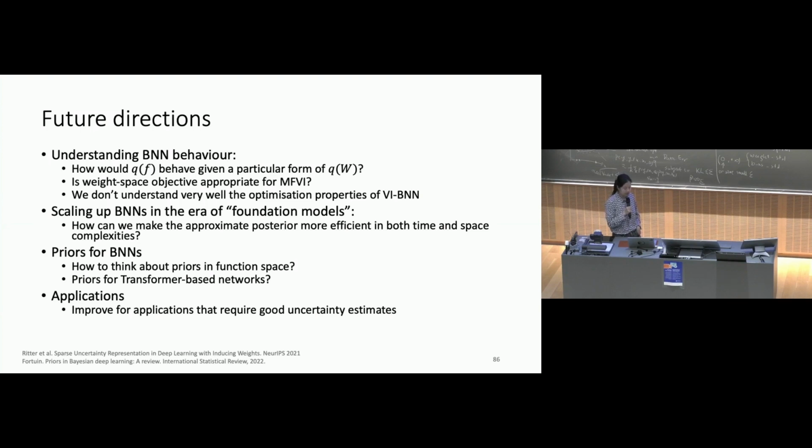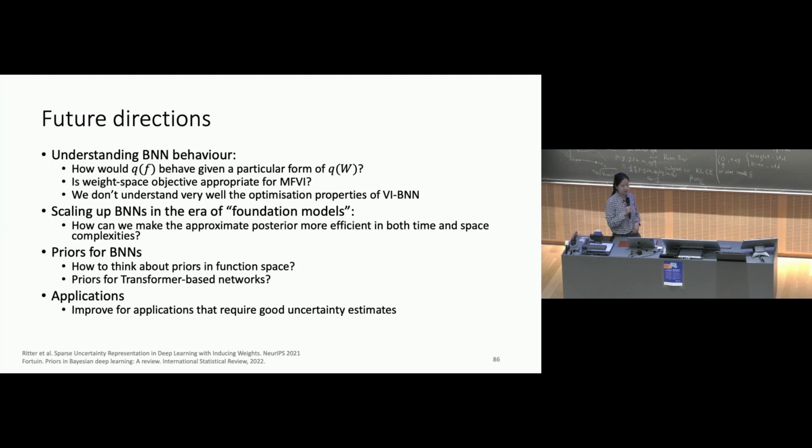The other thing we haven't touched today is the prior. Right now we are basically just using a mean field Gaussian prior in the weight space. How do these induce a prior in function space? That is an interesting question. From previous results, it's usually induced by the architecture.